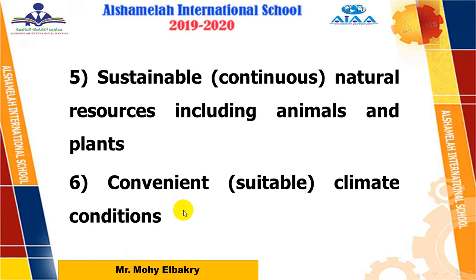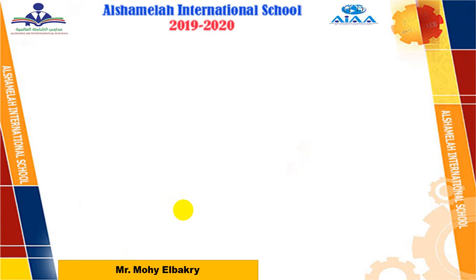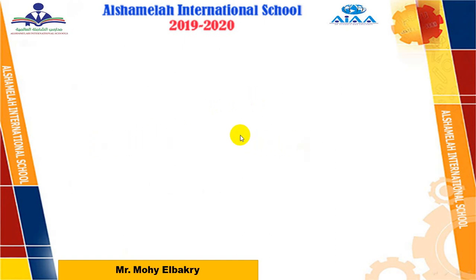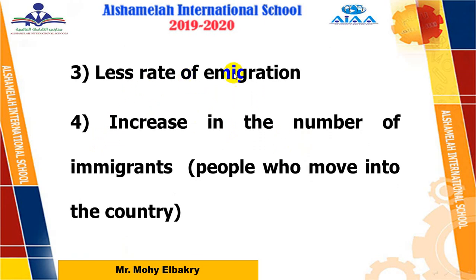Okay, so we talked about the factors that make a city overpopulated. So again, in brief, we said number 1, increase in birth rate. Number 2, decline or decrease in death rate. Number 3, less rate of immigration. Okay, the people of the area stay there.